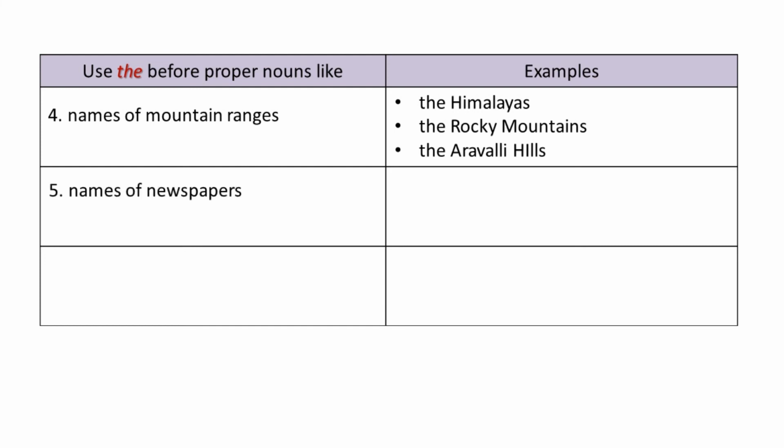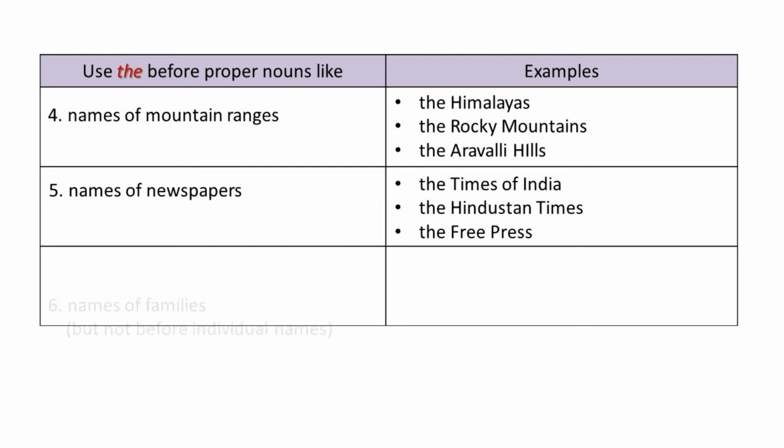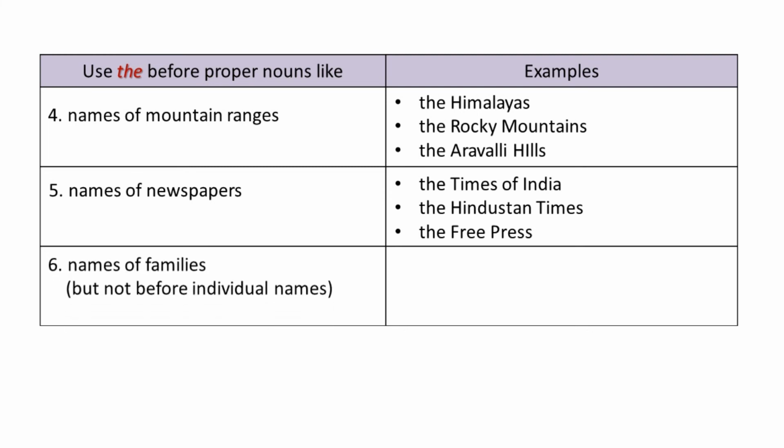And a fifth rule is names of newspapers. We should use the definite article the before names of newspapers. The Times of India, the Hindustan Times, the Free Press. And the last rule is names of families. We should use the definite article the before names of families.